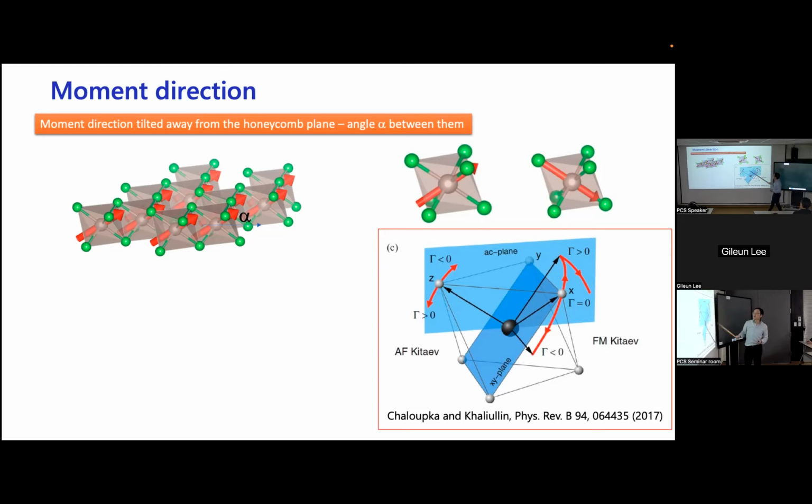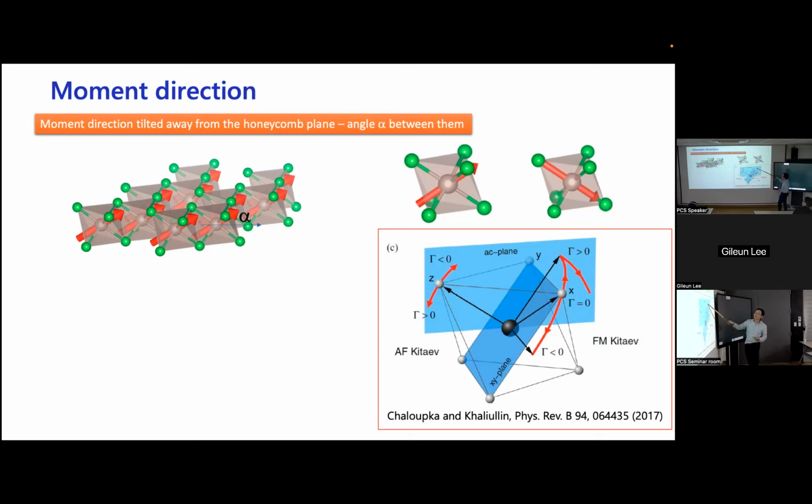this octahedra. And also gamma is effectively acting as an anisotropic interaction. So if you turn on the gamma, for example, take a ferromagnetic Kitaev interaction, then with zero gamma, you will actually have something like this. But as soon as you turn on the gamma interaction, it will quickly switch to this so-called AC plane.